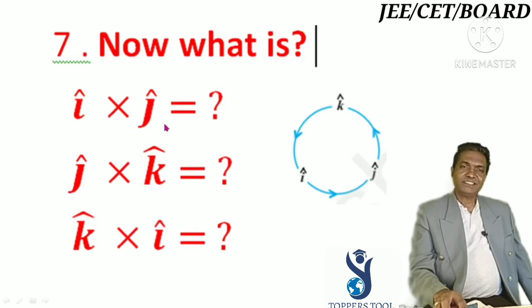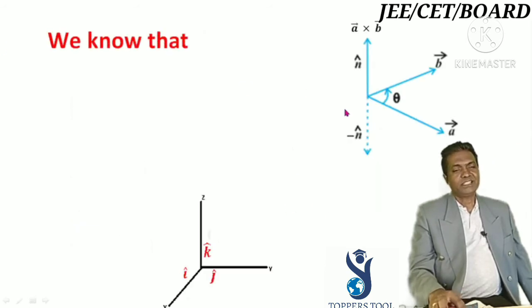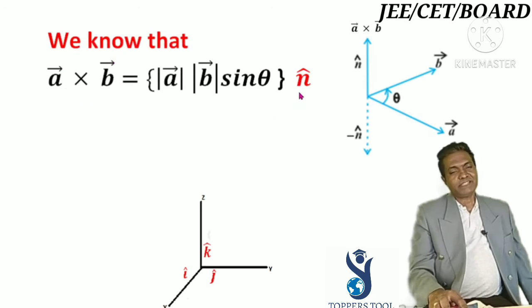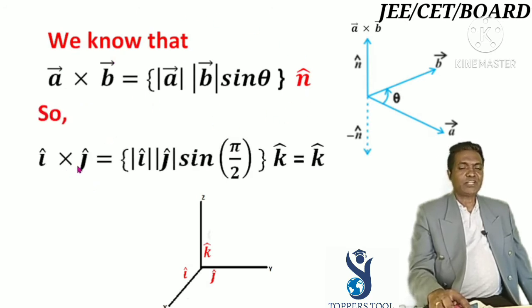Now the question is, what is the cross product of I, j, k taken in cyclic order? The cross product of I, j, k, I we want. So let's see here. We know that A cross B is given by this formula. Now we want I cross j.